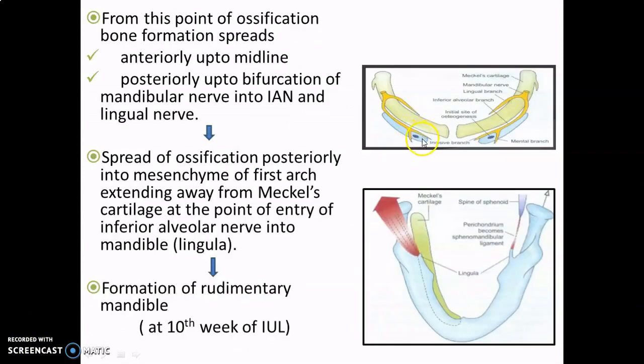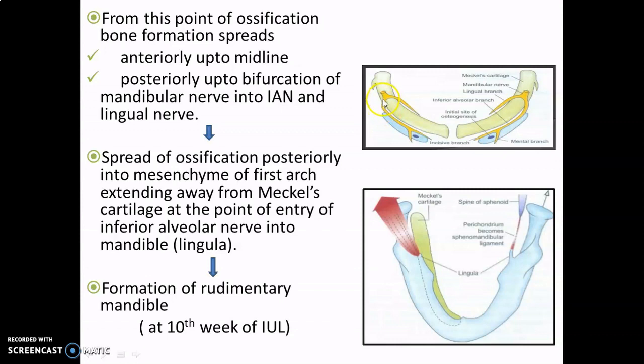So from this point of initial ossification, mandible formation continues anteriorly up to the midline and posteriorly up to the point of lingula, or up to the point of division of the mandibular nerve into lingual and inferior alveolar nerve.